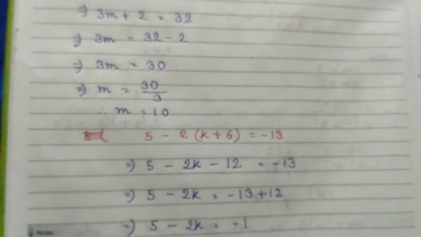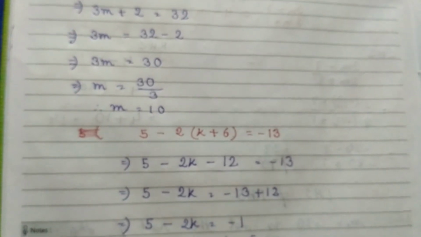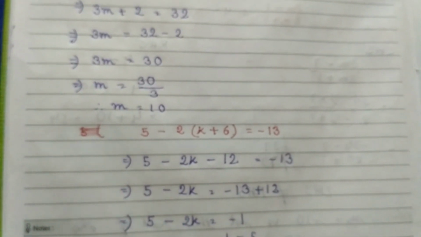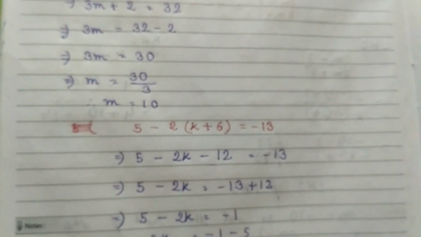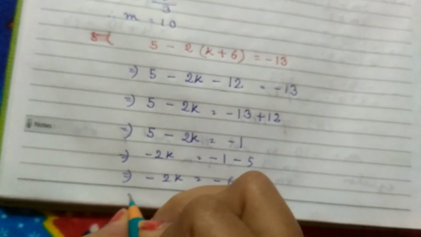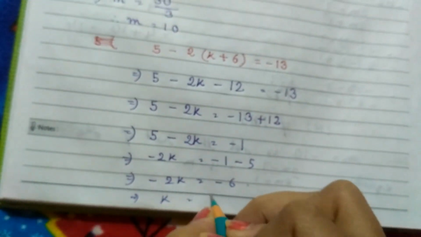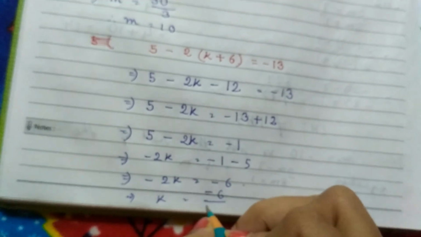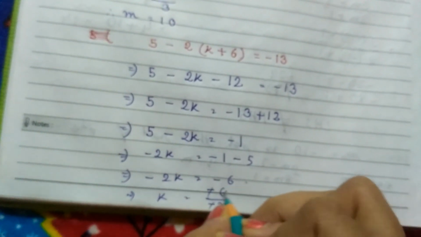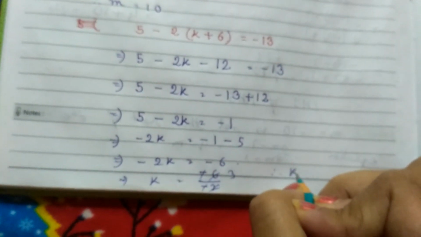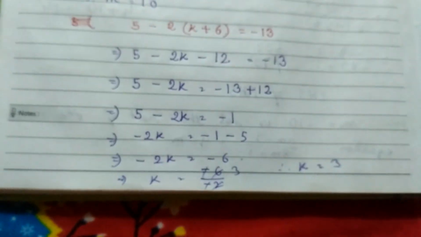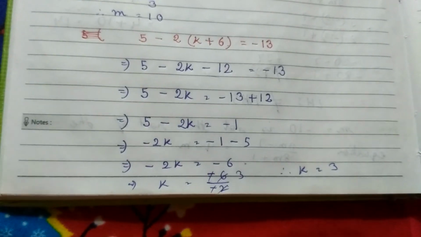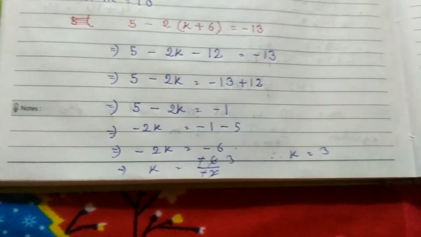Minus 2k will be minus 1 minus 5. Minus 2k will be equal to minus 6. From that you get k equals to minus 6 by minus 2. Minus minus will be cancelled out and you get k equals to 3. And this is how you have to solve equations.